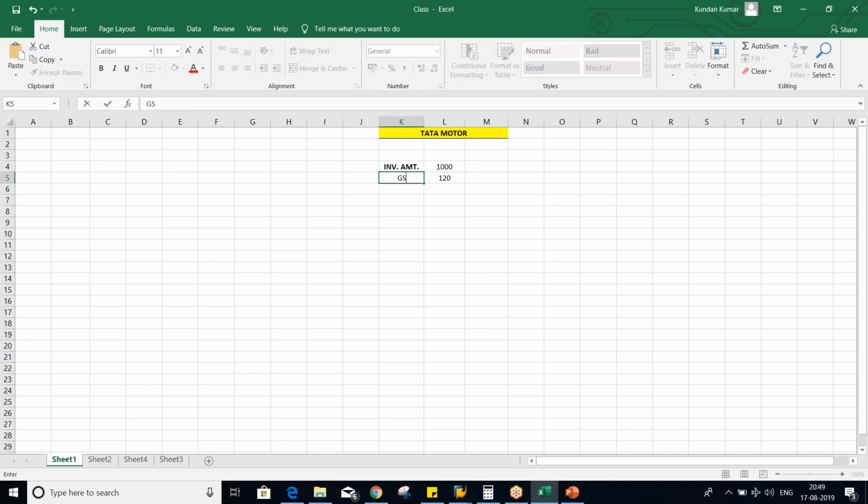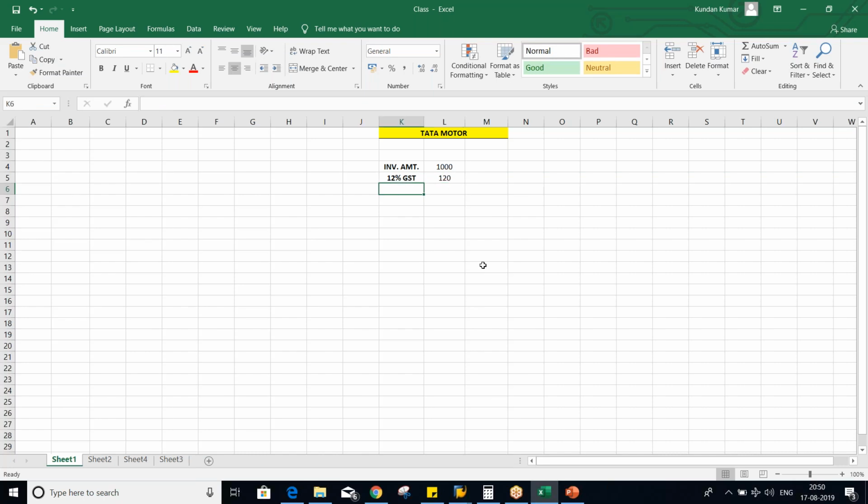This is your input GST. So in this invoice we have received, 1,000 is the invoice amount and 12% GST, so a total worth of 1120 rupees invoice we have received.